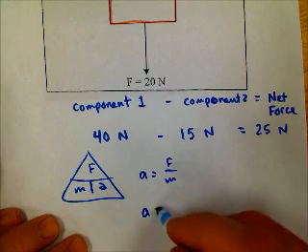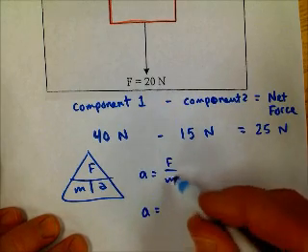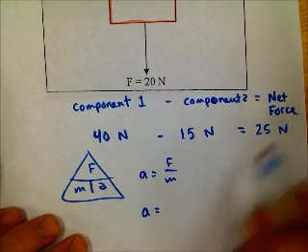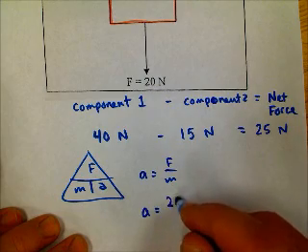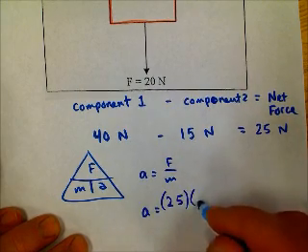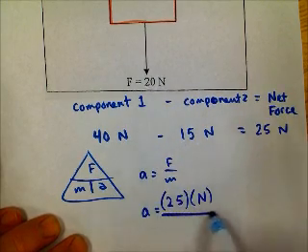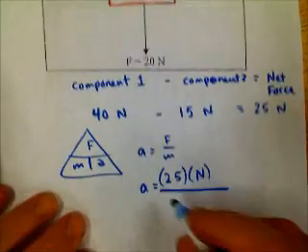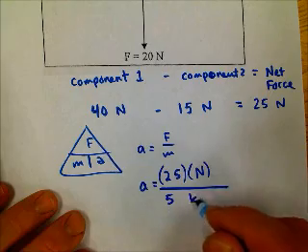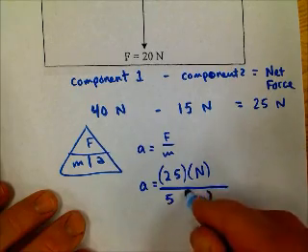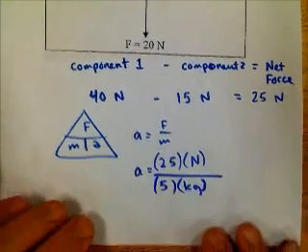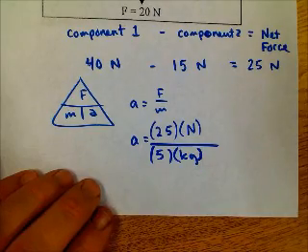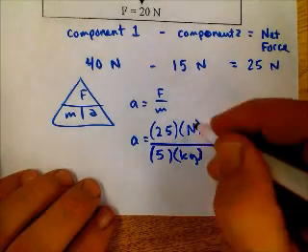So now we're going to plug in our values as our next step. Our net force we calculated was 25 newtons. And our mass, it tells us right up here, is 5 kilograms. Now the only thing that can get a little tricky about these units is that we don't want to use newtons right now.